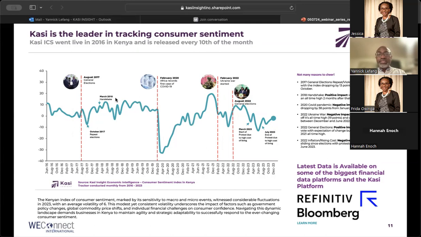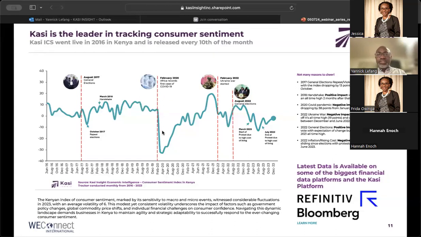You can see sentiment fluctuating over time, right? All of that is giving you multiple pieces of information. If I look at, for example, the first one, in 2017, when there was an election, you see there was a drop in sentiment and it then recovered.